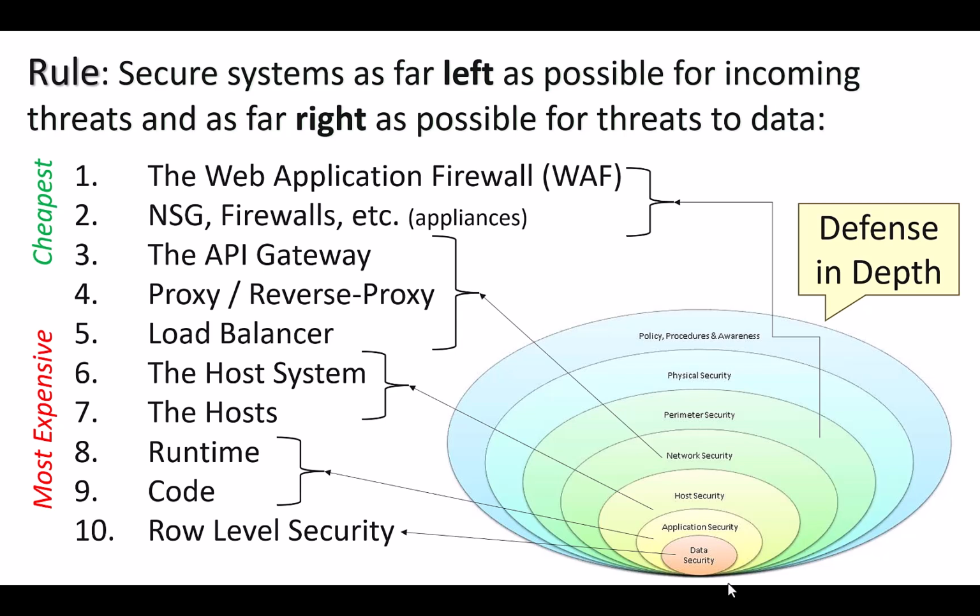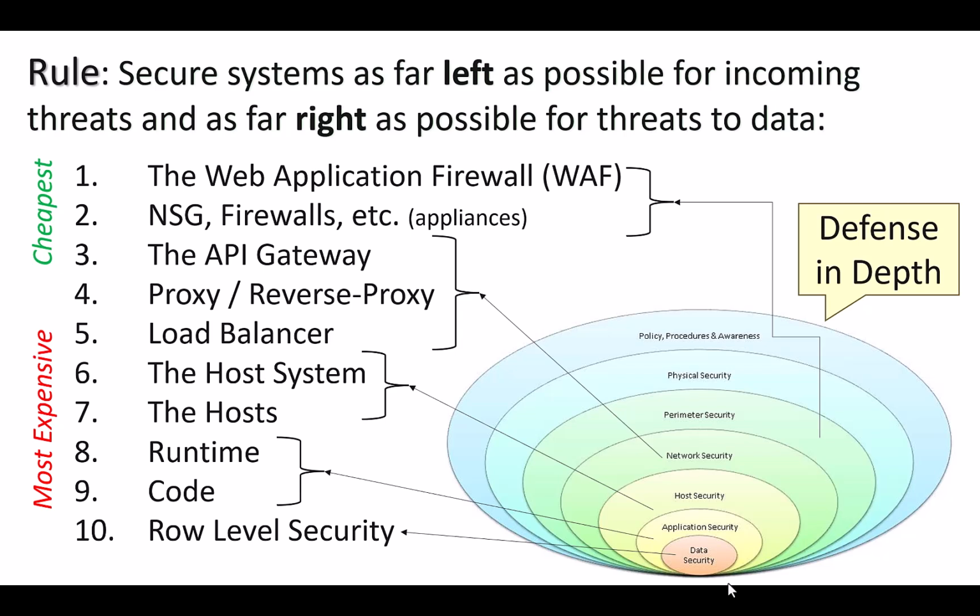You can secure your hosts and the host system. What's a host system? Well, if you are using Azure, and let's say you're deploying to VMs and you have your VMs in a high availability group, that high availability group is the host system, and the individual servers, the individual VMs, are the host.